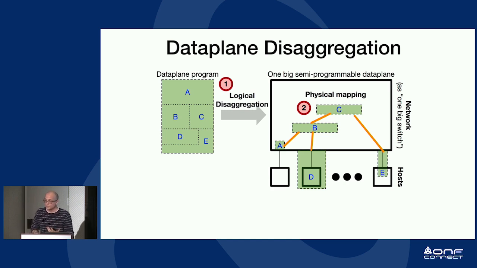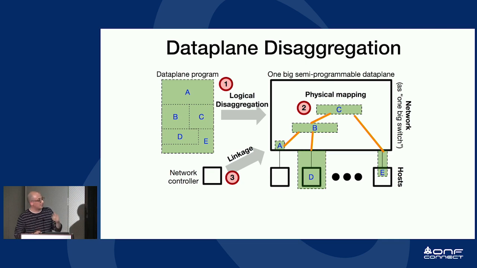So our tool, which consists of an extra pass in the open source P4 compiler, takes a P4 program and generates multiple P4 programs. And these are cooperative P4 programs, right? So the model is that they will run concurrently, and they can interact to pass along and continue the computation from one to another.